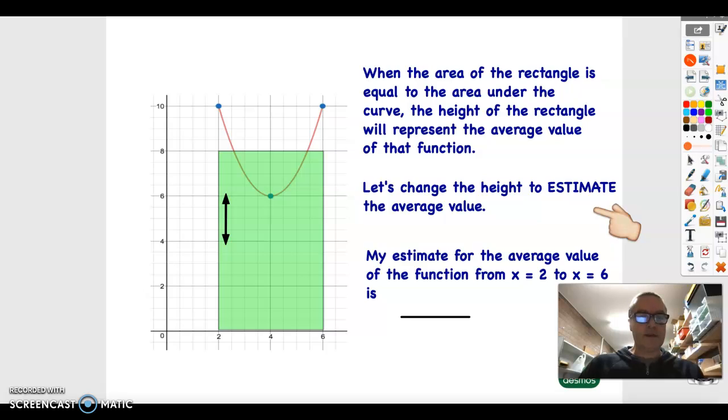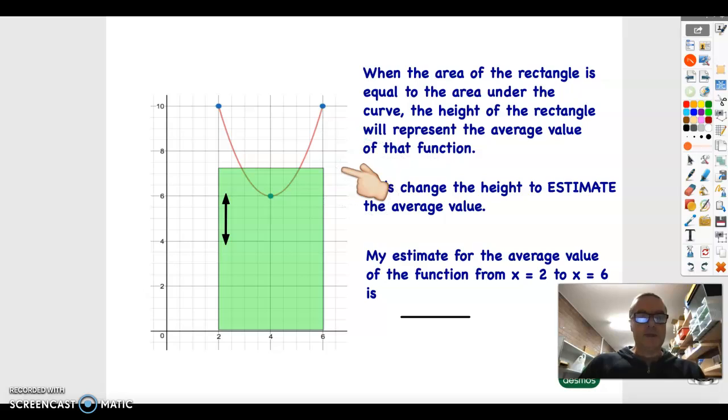I think there's only a little bit of area above the rectangle, and we can see this dip here below the top of the rectangle. I really want those areas to be equal, or to even out. So I'm going to lower that a little bit. Might put it about there.